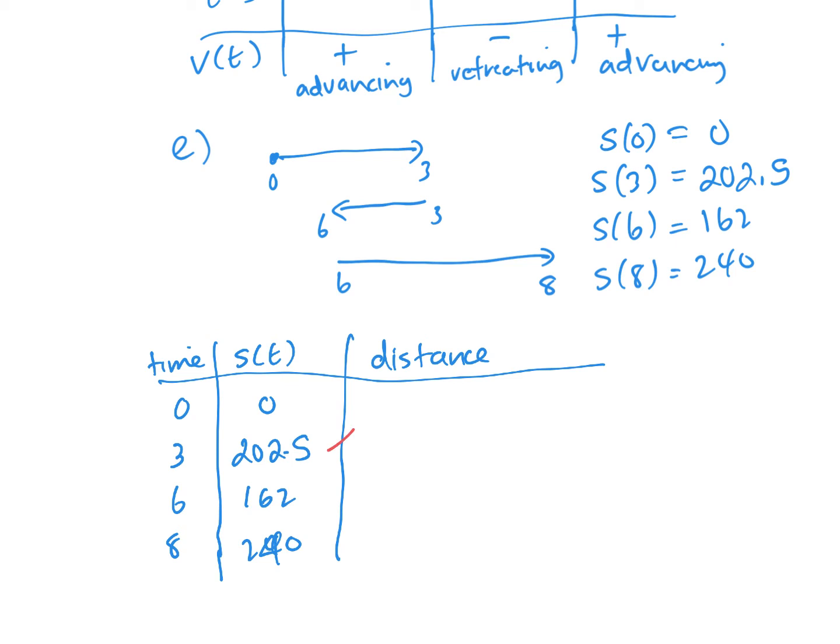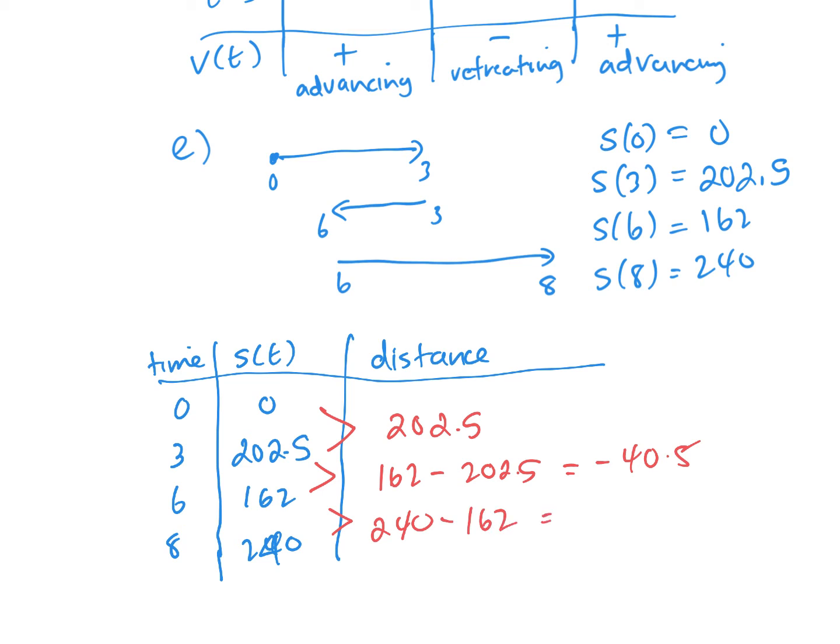So between here and here, so when it started at 0 and stopped at 3, it traveled 202.5 meters. Between 6 seconds and 3 seconds, it traveled in the opposite direction, 40.5 meters. And then in the last bit, it traveled 78. So you want the absolute value, right?